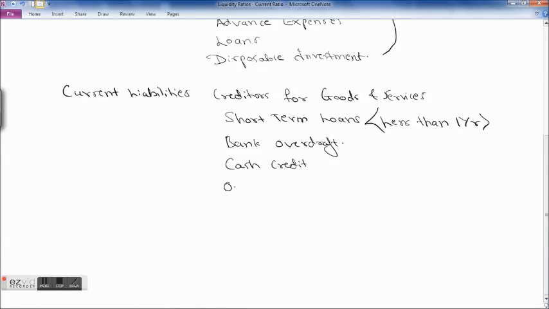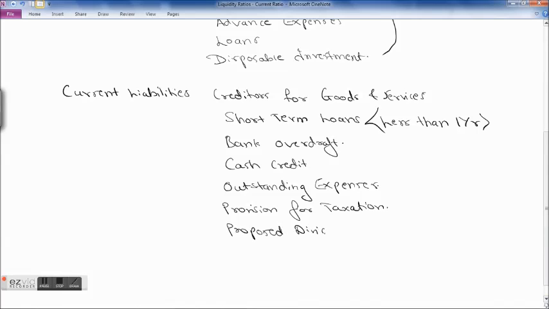Then your outstanding expenses, expenses which are due but yet to be paid. Then your provision for taxation. Then proposed dividend, which is proposed by the company but yet to be paid to the shareholders.